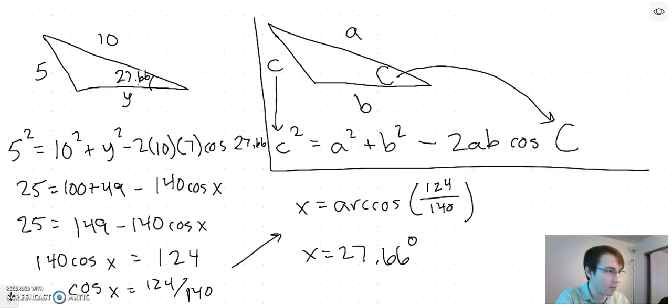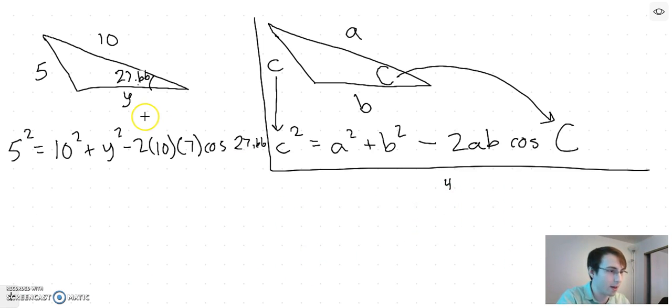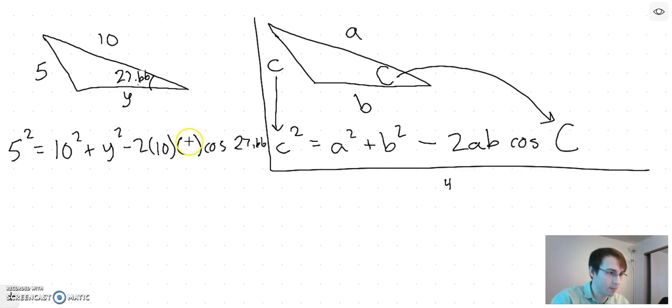Oh, this also becomes a y. If we were to solve this, we'd end up with a quadratic equation that we'd have to solve for y, and we would just want to take the positive answer.